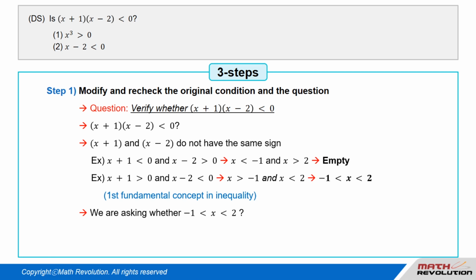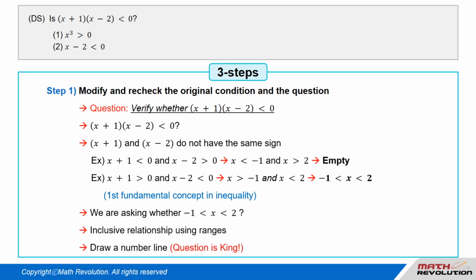For the second set of ranges, x is greater than -1 and x is smaller than 2 means -1 is smaller than x, which is smaller than 2, by the first fundamental concept in inequality.